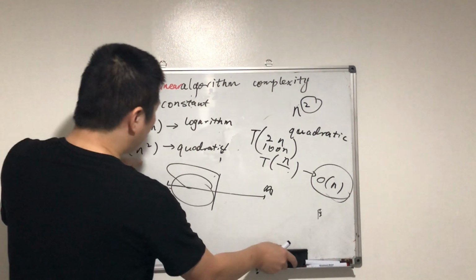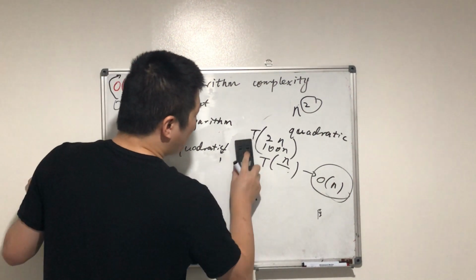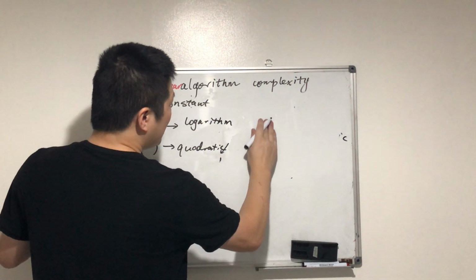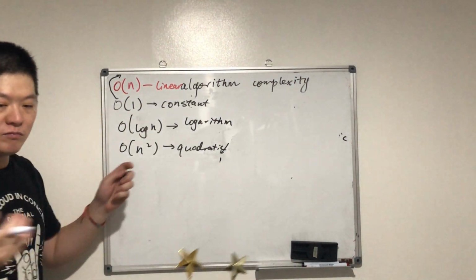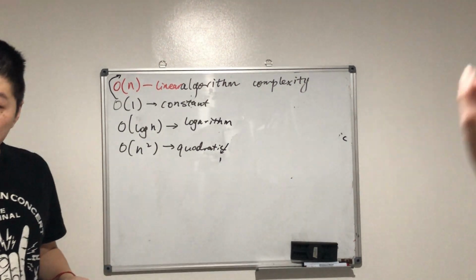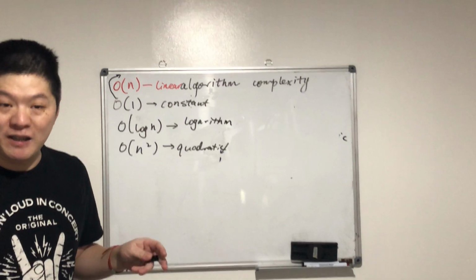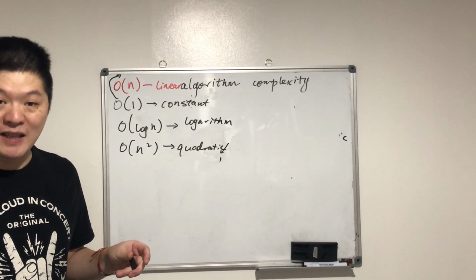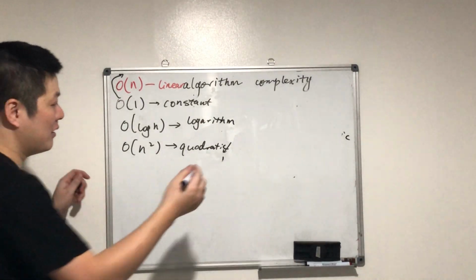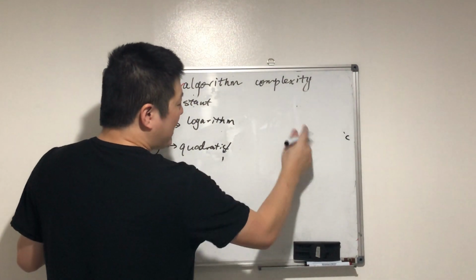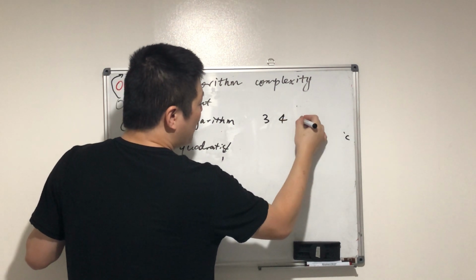Okay, so let's go back to the quadratic. We talked about the sorting algorithm, remember? Look, 3 numbers: 3, 4, 2.